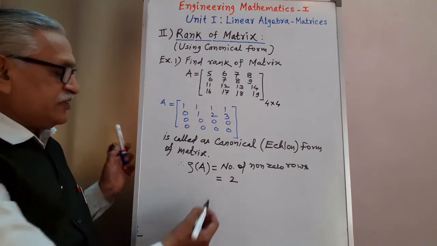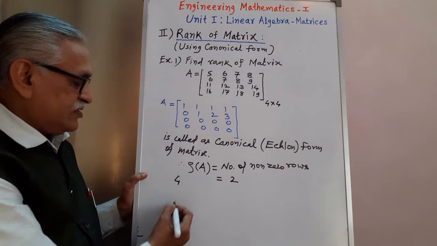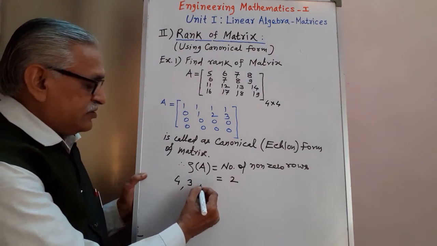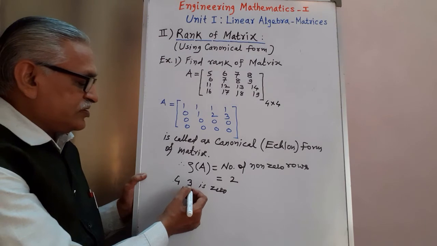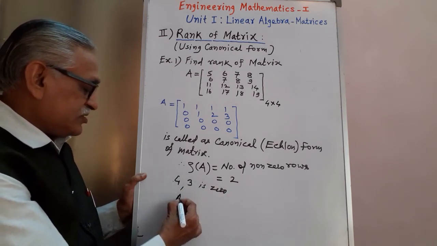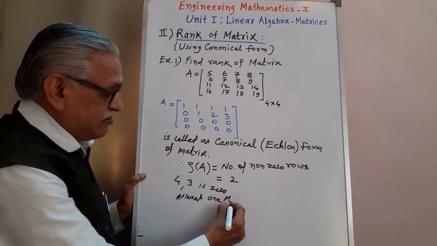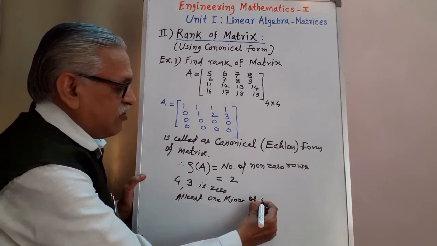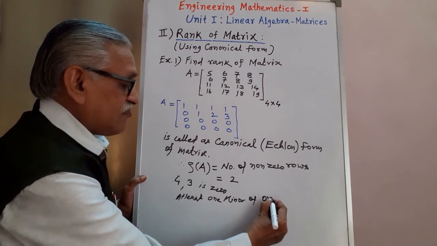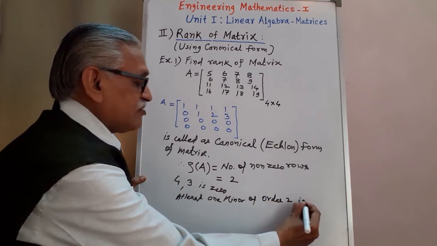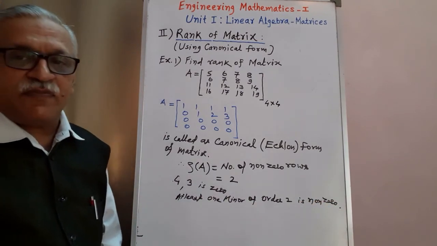What it means, as per definition, is that every minor of order 4 and of order 3 is 0, and at least one minor of order 2 is non-zero, and that's why the rank of that matrix is 2.